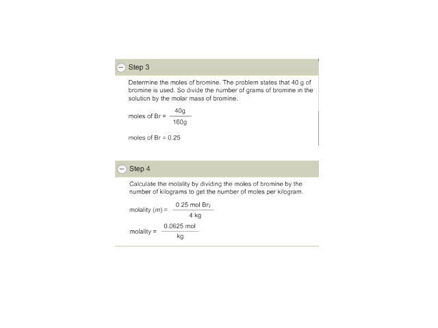You take the number of moles, so you have your 0.25 moles of bromine. You divide it by how many kilograms, which is 4 kilograms. You do the math on that, and you'll have 0.0625 moles per kilogram. That's the molality. That's why it's a small italicized m.